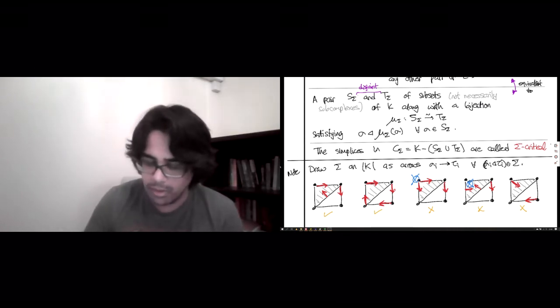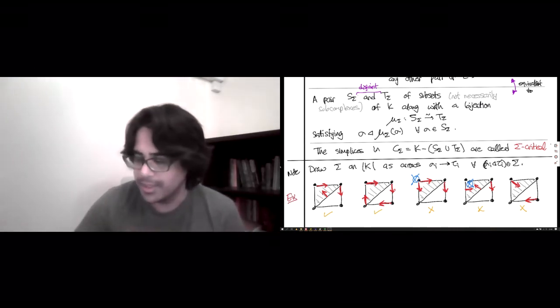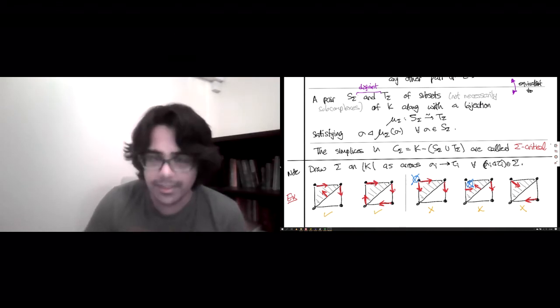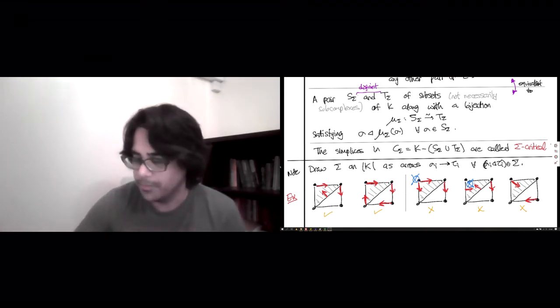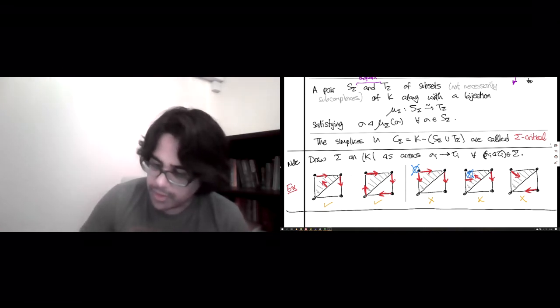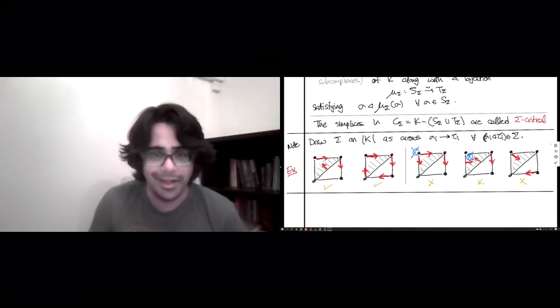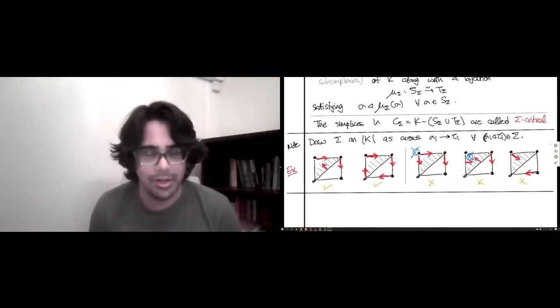So these were 2 examples and 3 non-examples of just partial matchings. And on this side of the gray line, everything's okay. On that side of the gray line, everything's terrible. Okay, we're not interested in all the partial matchings. We're only interested in a very special subset. And I keep saying acyclic, so you know that that's the one we like.